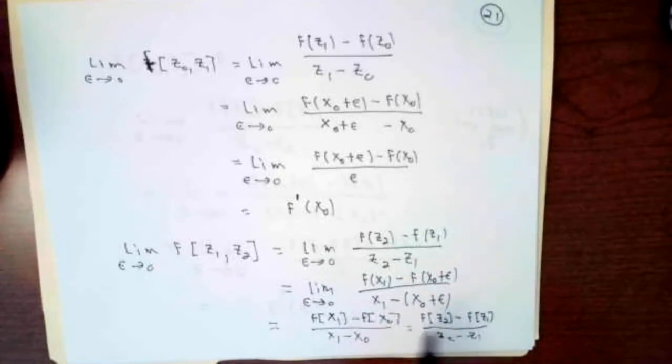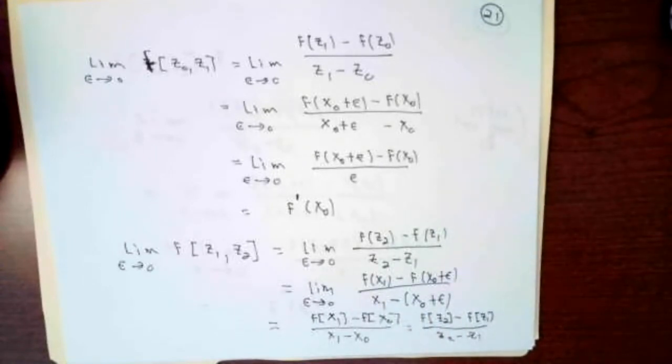As epsilon tends to 0, the denominator tends to x1 minus x0, which is not 0 because in the original data set, I had distinct x values. Meanwhile, since our function is assumed to be continuous, the limit as epsilon tends to 0 of f of x0 plus epsilon is just f at x0. Again, going back and looking at the table after we have done the limit, that would just be this expression.